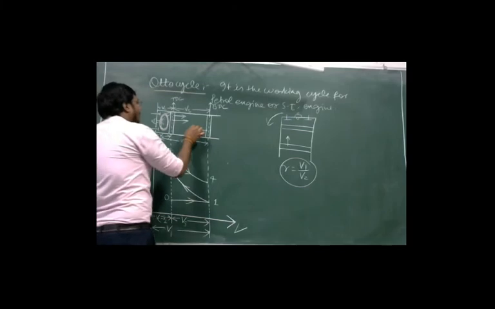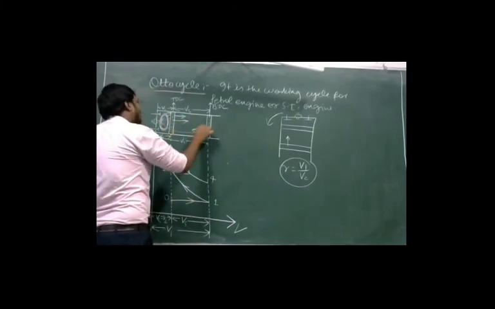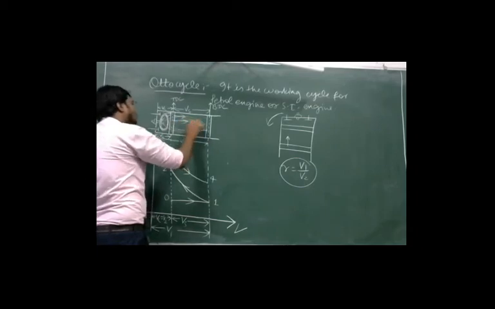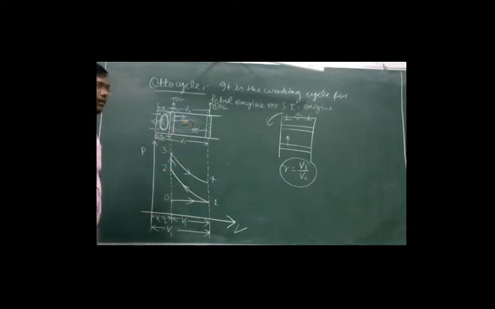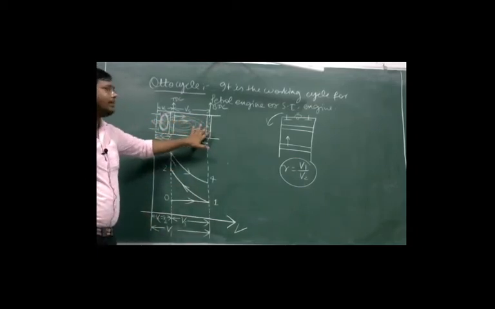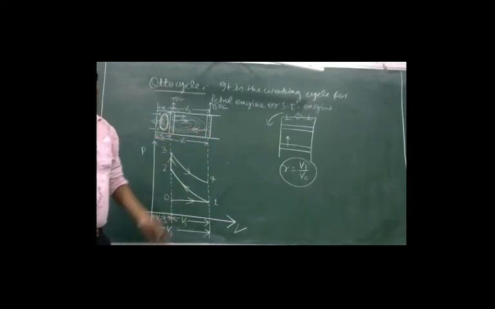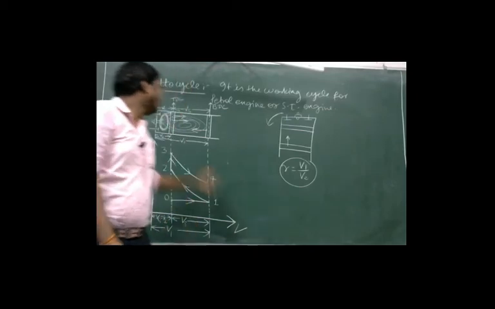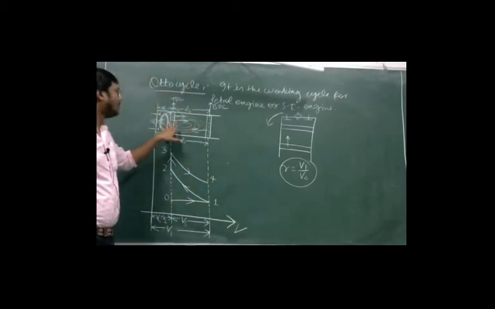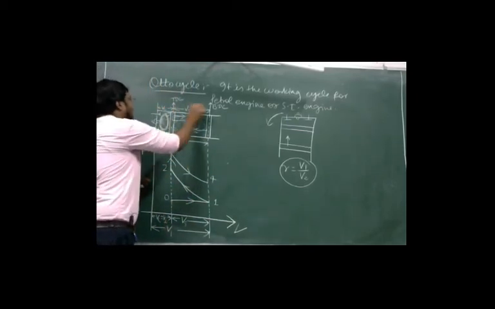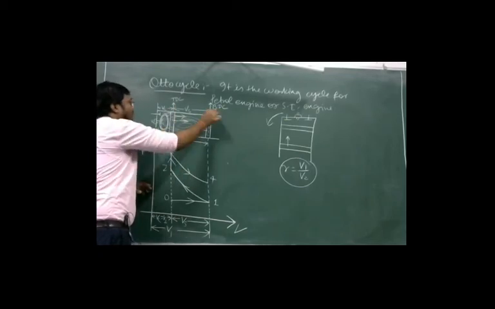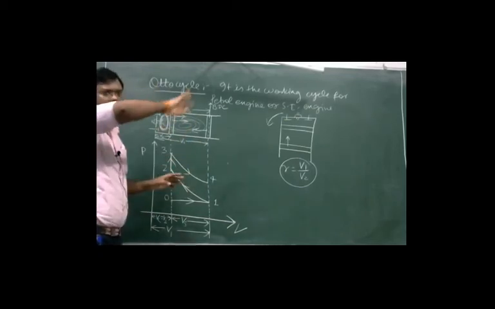Now all the exhaust gases present after the expansion stroke are at very high temperature, so they need to be cooled down with the help of the water jacket around the engine cylinder. We have studied that in previous lectures.